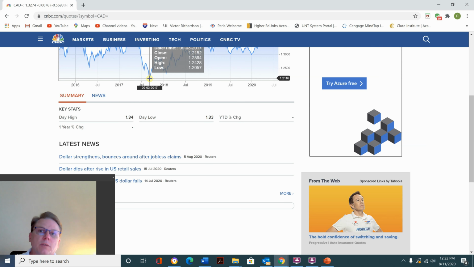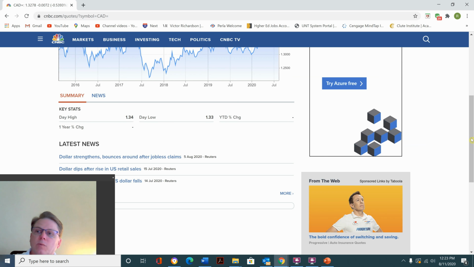That was $1.21. You're still looking at 13 Canadian cents more that the US dollar buys, which means our products are still that much more expensive in Canada, and Canadian products are that much cheaper in the United States.